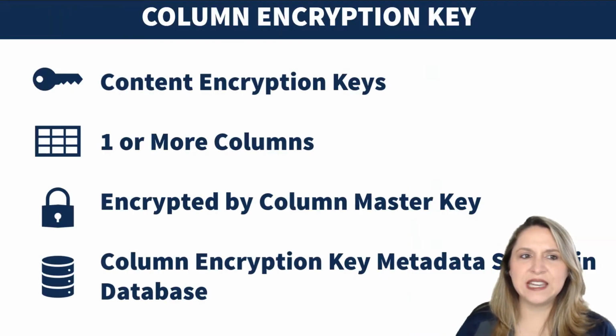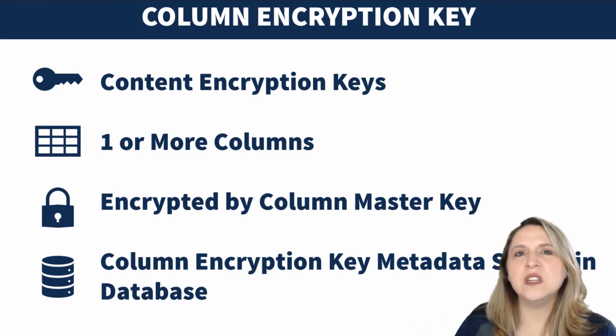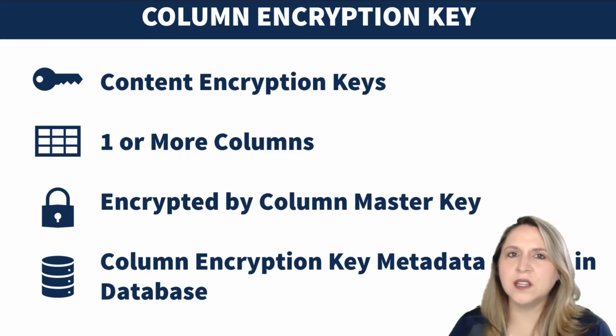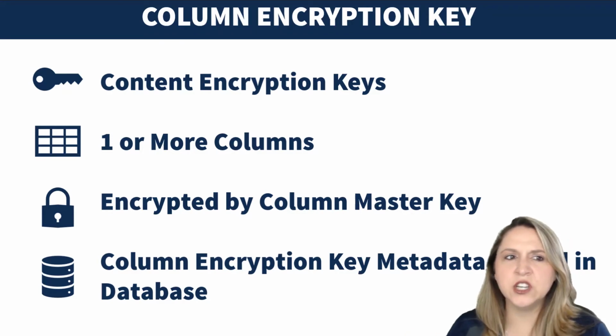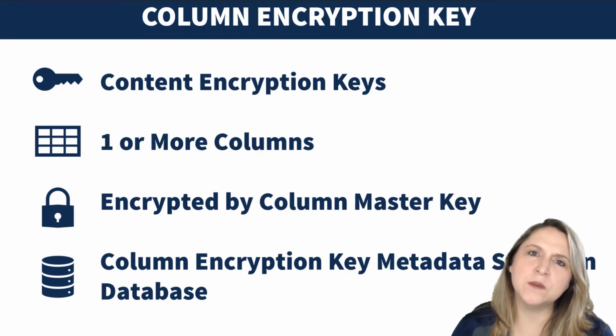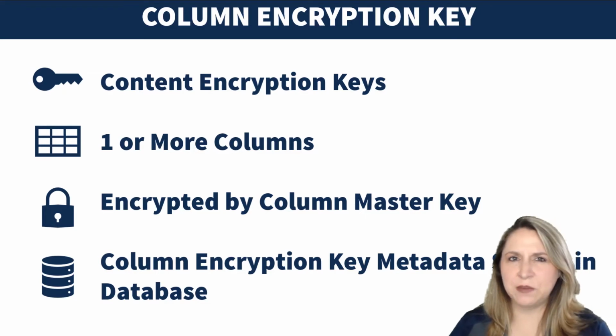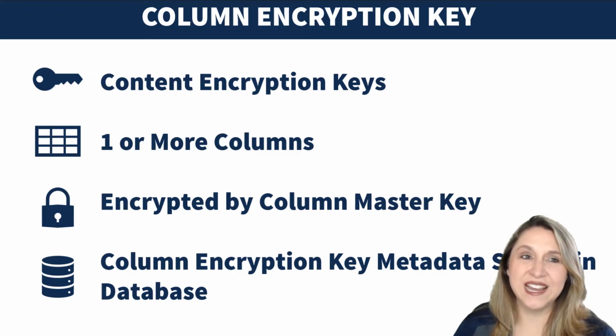Now, let's talk about the column encryption key. This is your main key. This is the key that you put on a per column basis. You can use one key per column and make it really secure, or you can set up one column encryption key and apply that same key to each column you want to encrypt. It's actually what's encrypting the content itself. It's only decrypted using the master key.